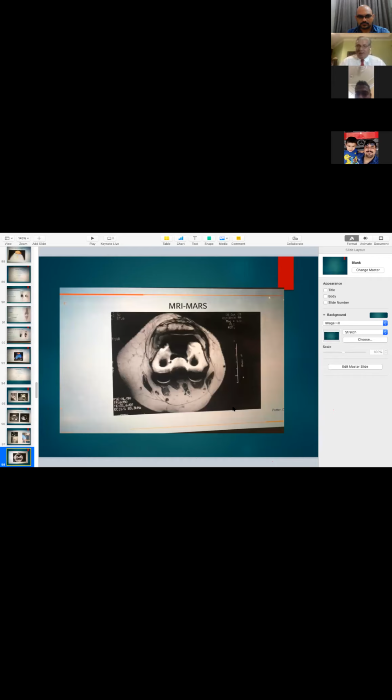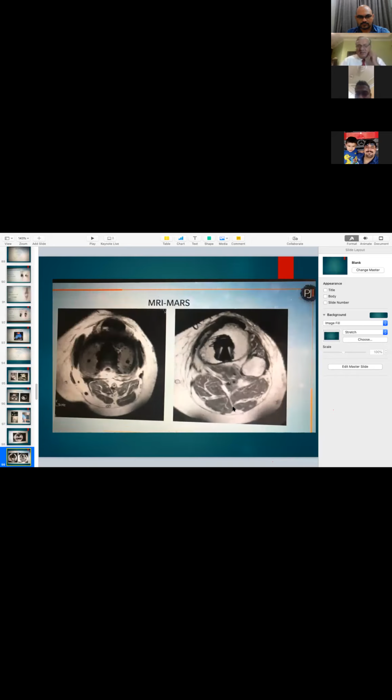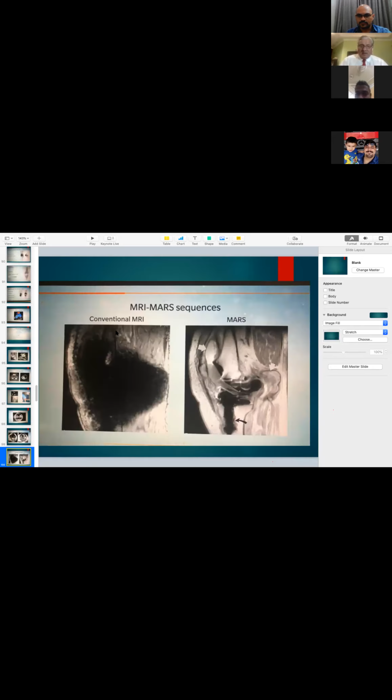What about the MRI? There is MRI MARS, which is metal artifact reduction sequence, or normal MRI. What is the benefit of MRI in painful knee? Sometimes we send the patient for the MRI. This is the conventional, this is the new technique.